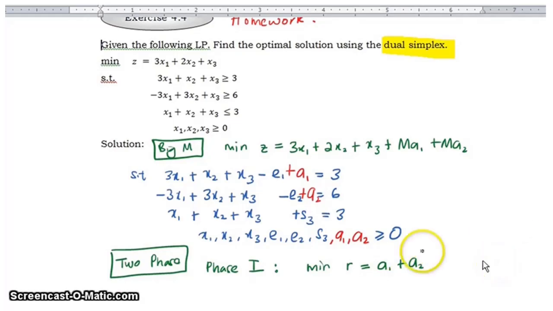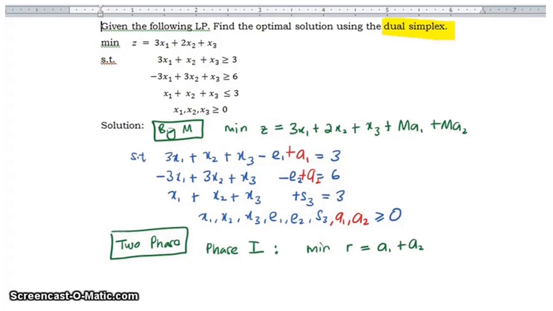Then, by using this objective function, together with these constraints, we can solve the problem. But since the question wants us to solve the problem by using the dual simplex method, then we cannot use Big M method or two-phase method. We need to use dual simplex method.